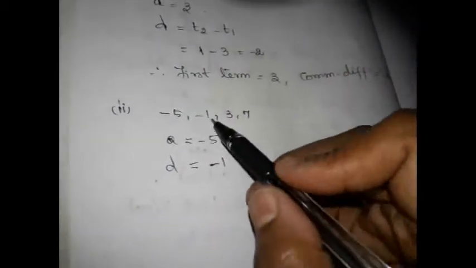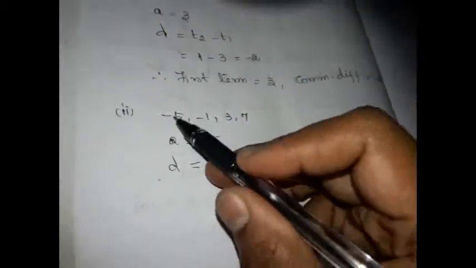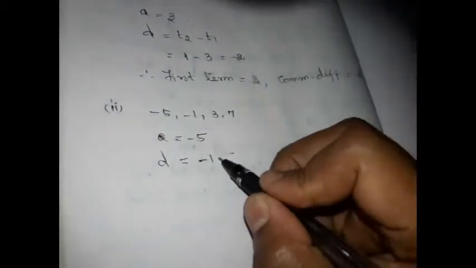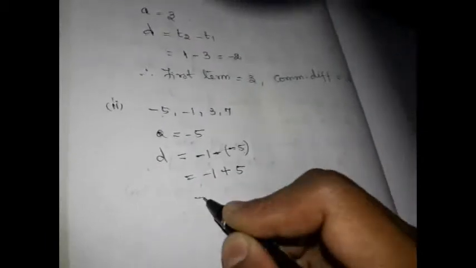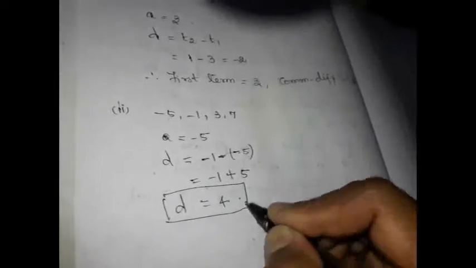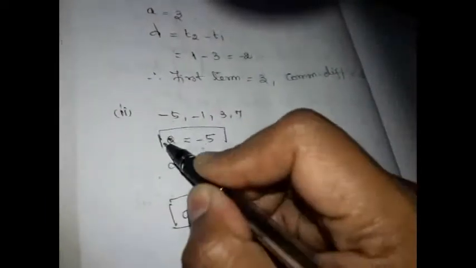So if you choose the first 2 terms, be careful. Minus 1, I am going to subtract the first term. The first term is minus 5. So minus 1, minus into minus, it will become plus 5. 5 minus 1 is 4. So the common difference is 4 here, and the first term is minus 5, right?